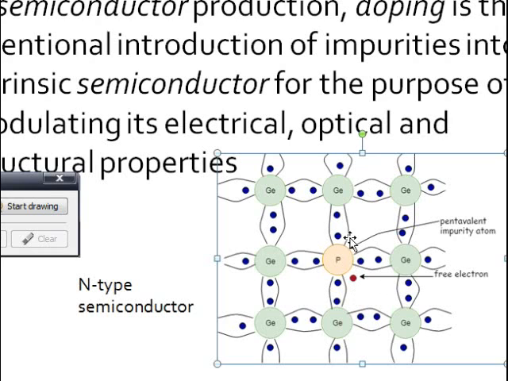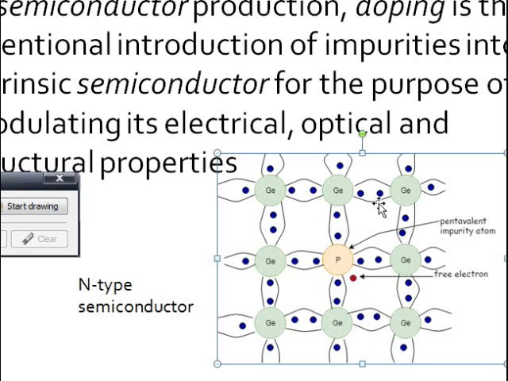If that is doped inside this material, the 4 electrons will get bonded, but the remaining 1 electron becomes a free electron. So your material now has an electron to conduct electricity. Earlier there was nothing to conduct the electricity.